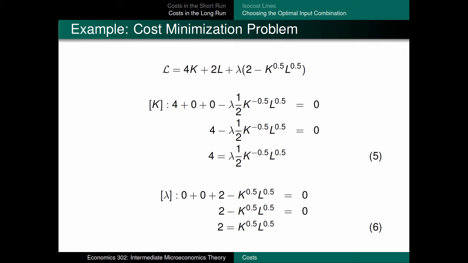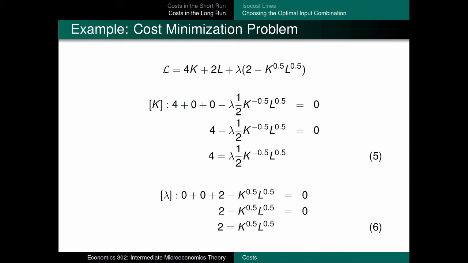The derivative of negative lambda times K^(1/2) L^(1/2) becomes negative lambda times 1/2, which is taking the exponent for K and putting it down, times K^(-1/2), because we're taking the exponent for K, which is 1/2, and subtracting 1 to get negative 1/2, times L^(1/2), and we're going to set that all equal to 0.